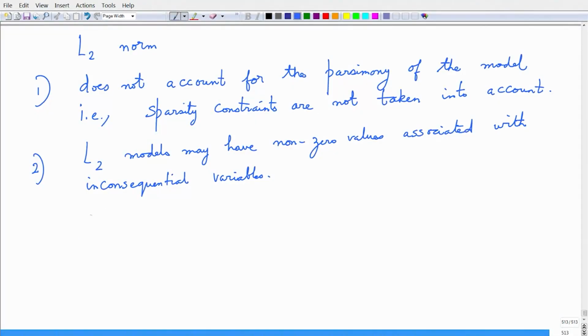Okay. Now let us delve into the case where we want to impose L1 regularity constraints on the weight vector. Okay. Now cases involving L1 penalty impose sparsity constraints.